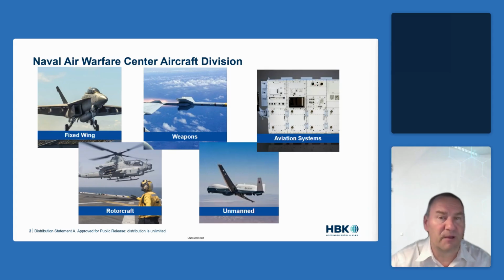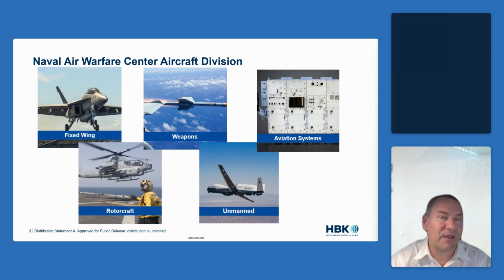So to start with, just a brief background on what NAWCAD is. It's really the Naval Air Warfare Center Aircraft Division for the US Navy. And what they're responsible for is basically anything that flies in the US Navy.